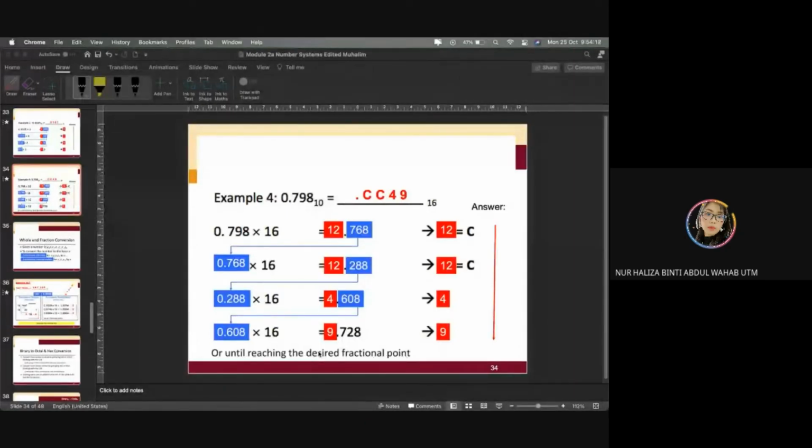If it's mentioned 4, then you will have 1, 2, 3, 4. If 5, you're going to have 1, 2, 3, 4, 5. If 3, you're going to have 1, 2, 3 only. 2 is two numbers, and then 1 will be one fraction number.